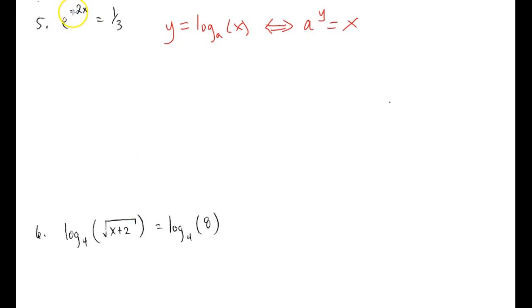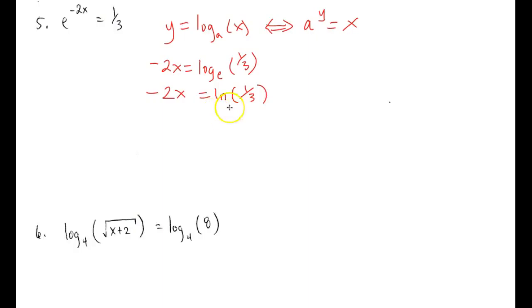We realize that -2x is our exponent, which is the y right here. And e is our base, which is the a. And our x here would be the 1/3. So rewriting this, we see that -2x would be log base e of 1/3. Or put another way, -2x is equal to natural log of 1/3.